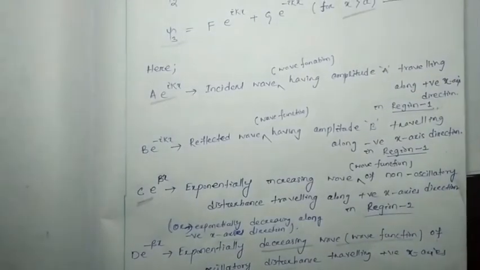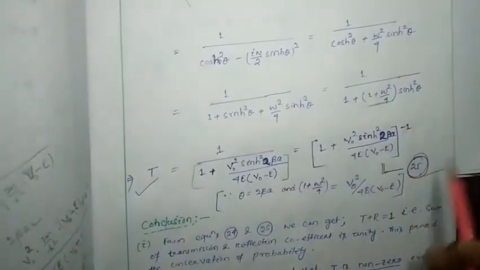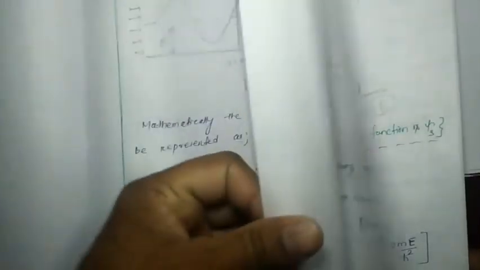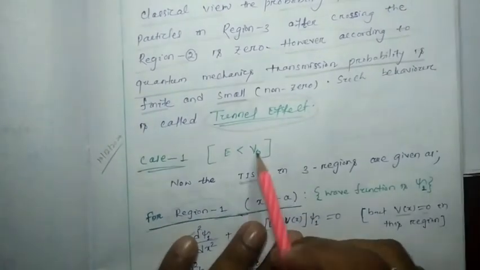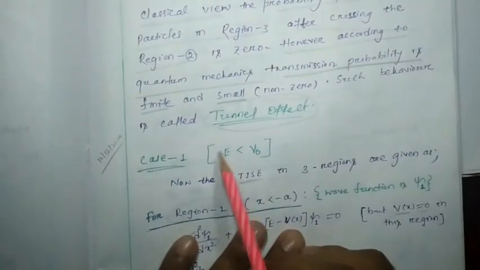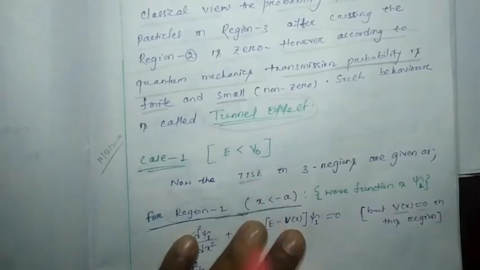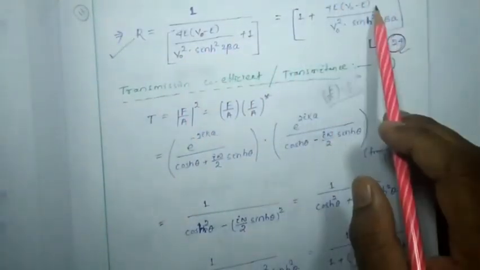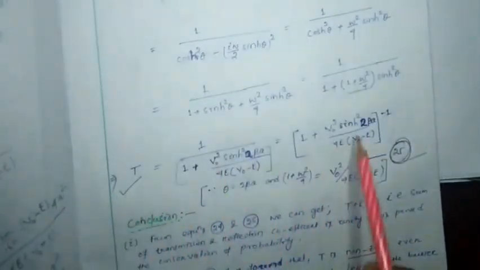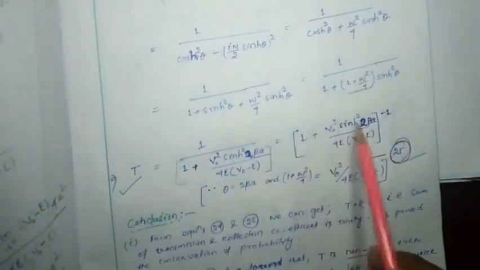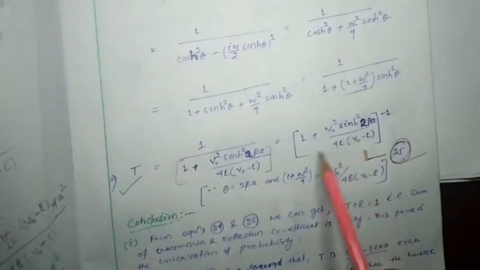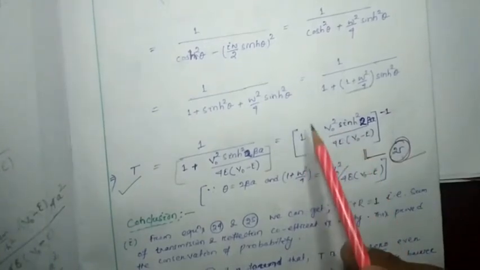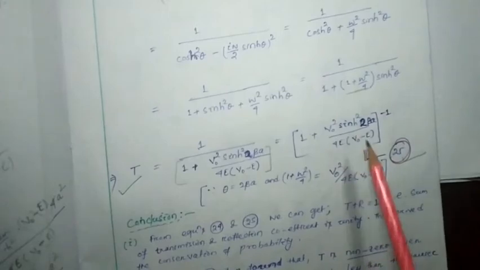Up to equation number 25 we are discussing the case of E less than V0, meaning the kinetic energy of the incident particle is less than the potential. Here we can see that there is some reflection coefficient and there is some transmission coefficient. Here the transmission coefficient is not 0.